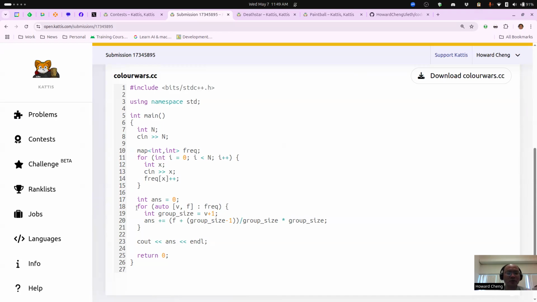And then I just go through all of the entries. Again, V is the input, and F is the number of times. So the group size, which I call S on my whiteboard, is just V plus 1. And then this is basically F divided by group size rounded up, the number of groups, and then the number of people is just the number of groups times the group size.